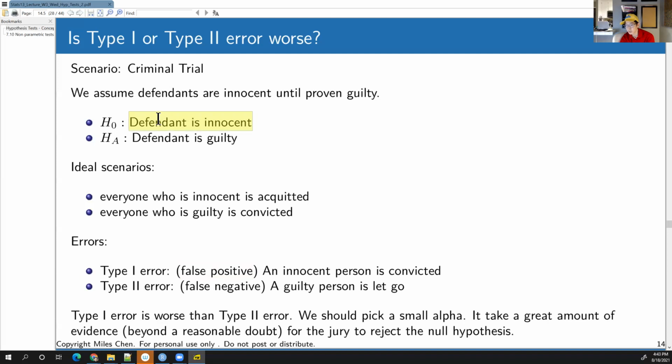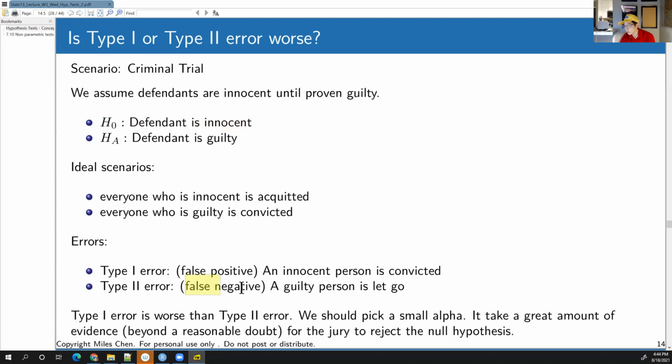A jury convicts the defendant, okay? So type 1 error, false positive, we rejected the null, but in reality, the null hypothesis is true. So the jury rejects the null, convicts when the null hypothesis is true, when the defendant actually is innocent, okay?